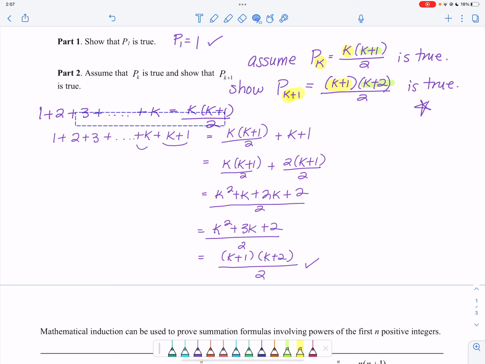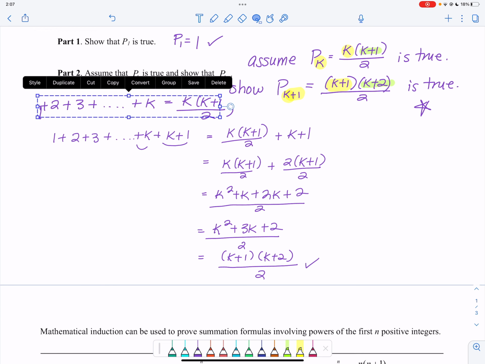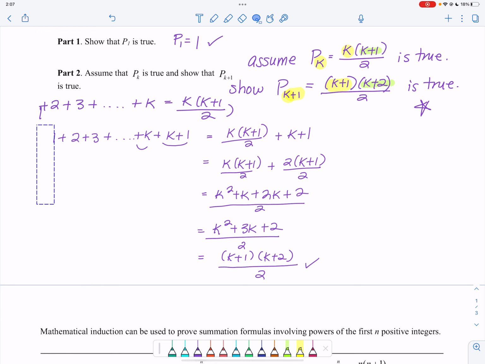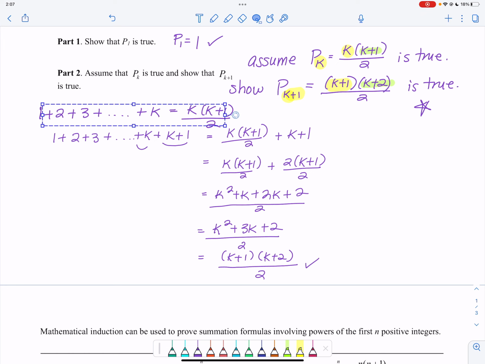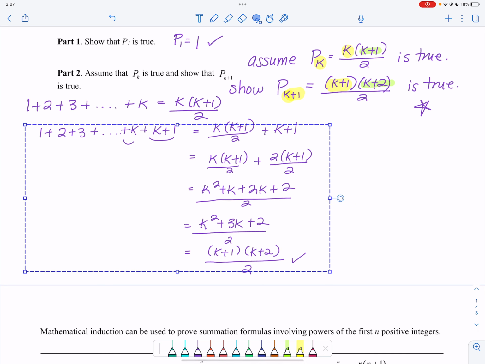So it's a pretty straightforward method. We make an assumption. I'm going to bring that up just a little bit so we don't cut off this page.